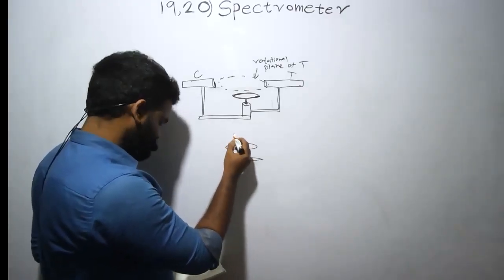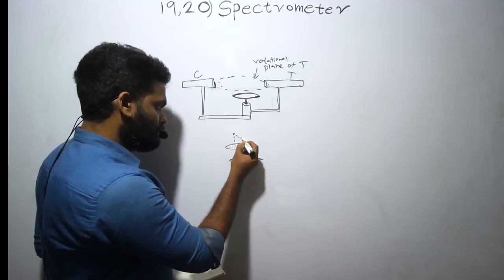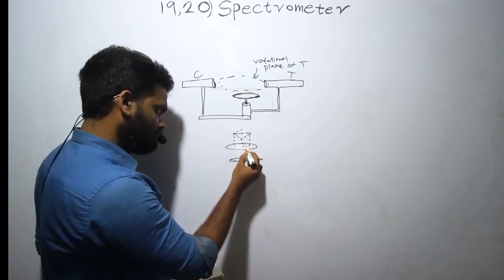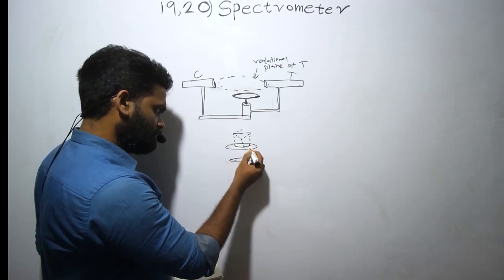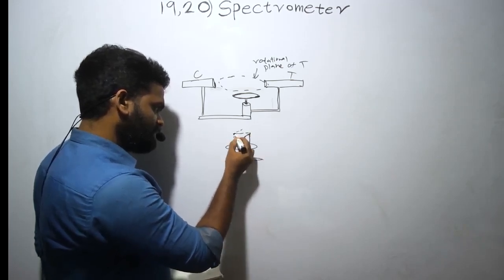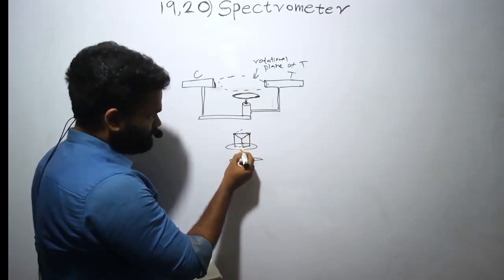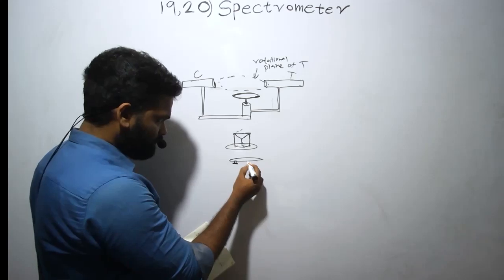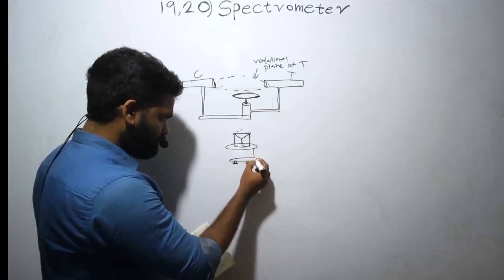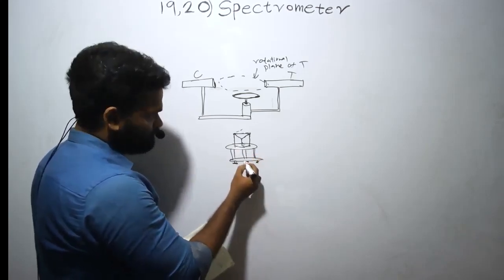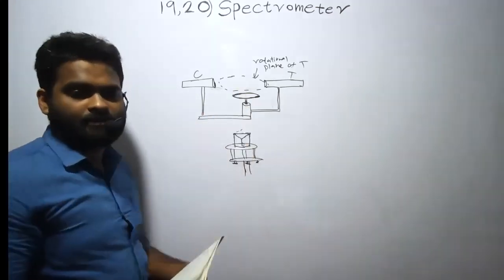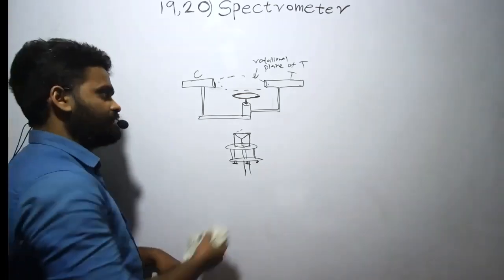You can take this with me. You place the prism like this on the prism table. We call this the prism table because we place the prism on it, right?